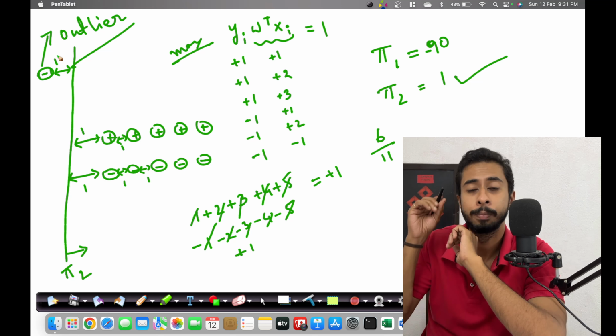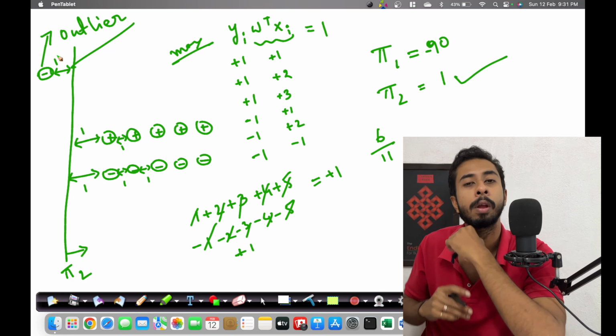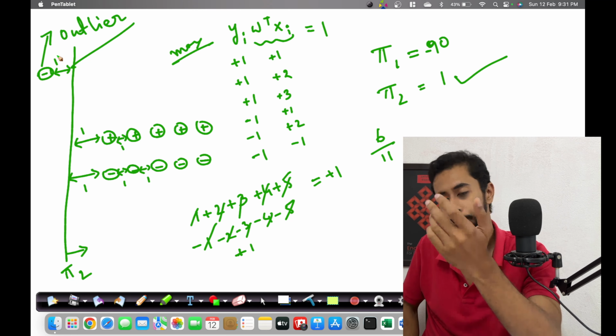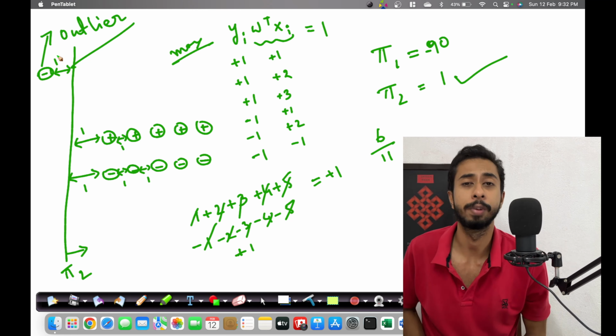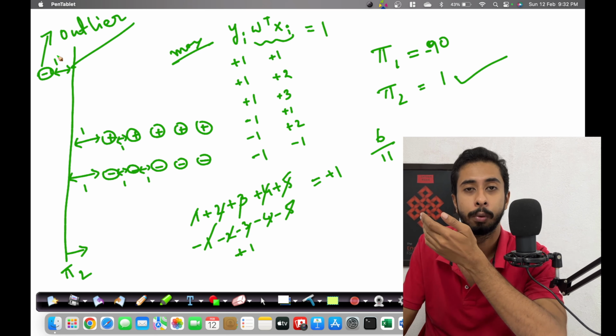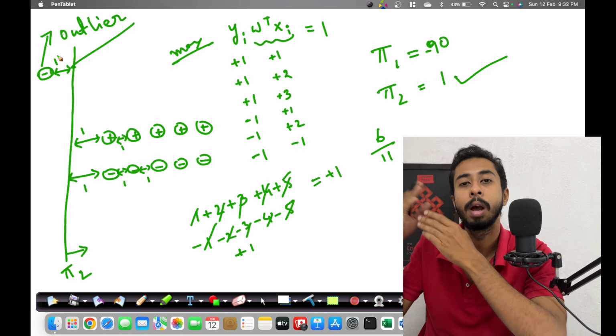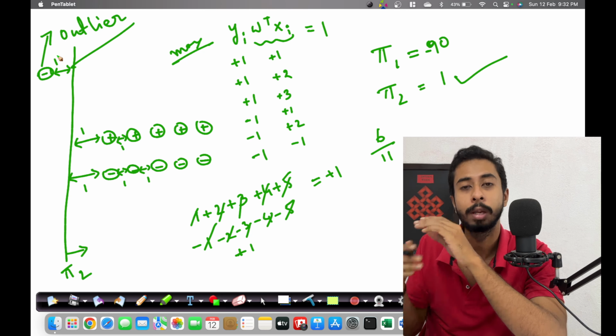But let's say there is data in my data set which says the height of a person is 20 feet, right? Now that is called an outlier. Either it can be an exceptional value or it can be a mistake.